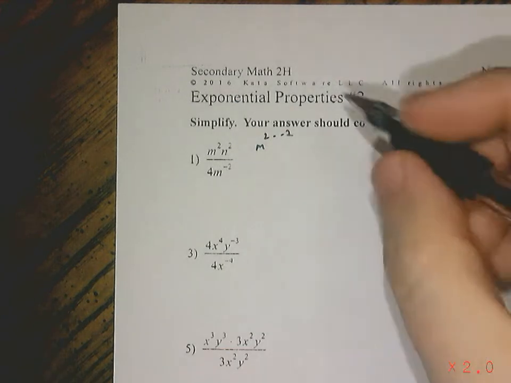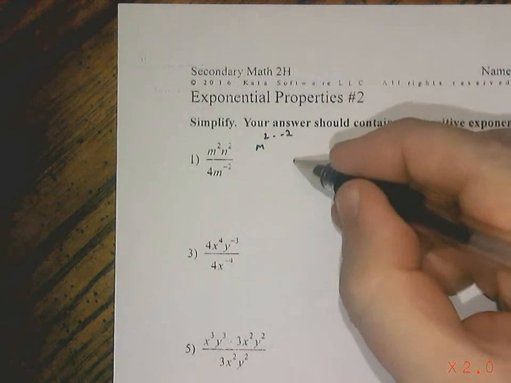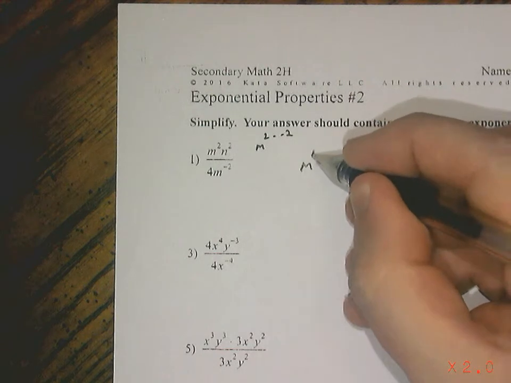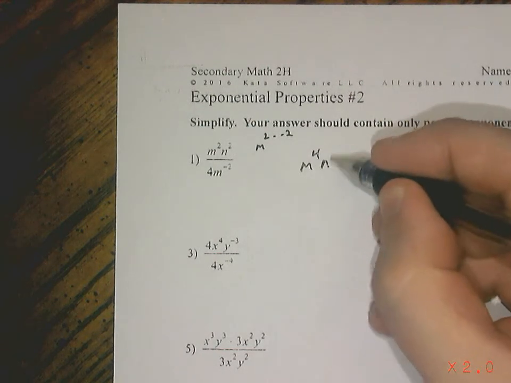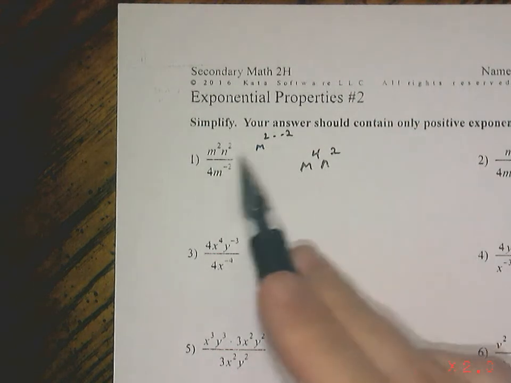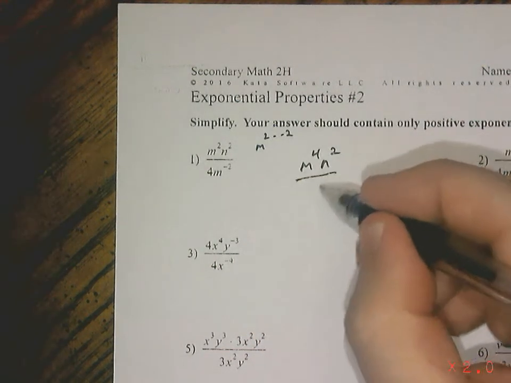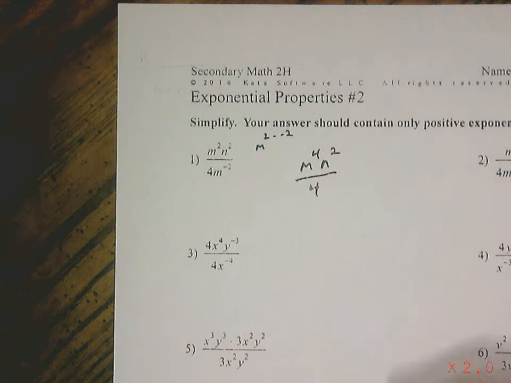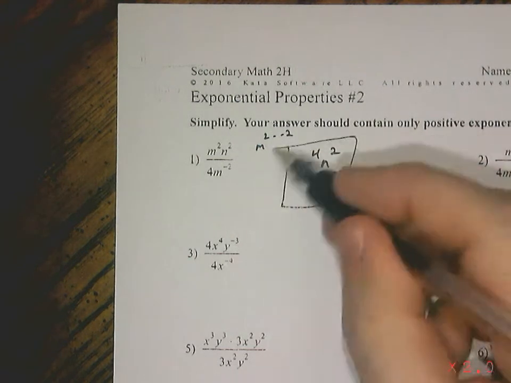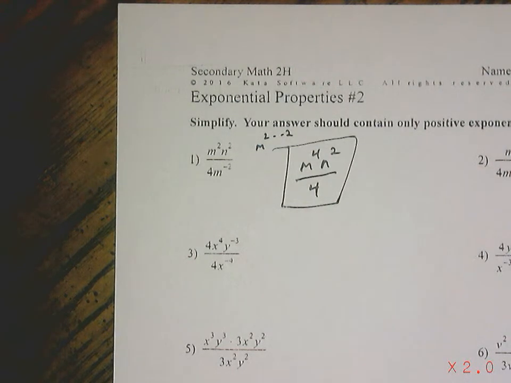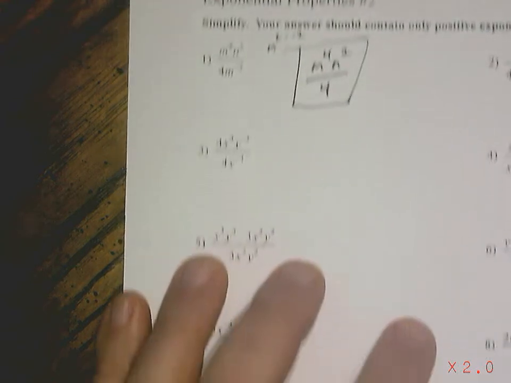Since positive is going to stay up top, it would become m to the 4th times n to the 2nd. Now that negative 2m basically moved up top, so it's no longer downstairs. The only thing left downstairs is 4. And that's all I can do to simplify this. So that's my answer.